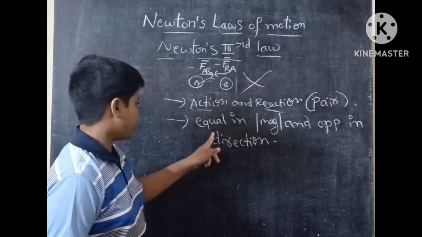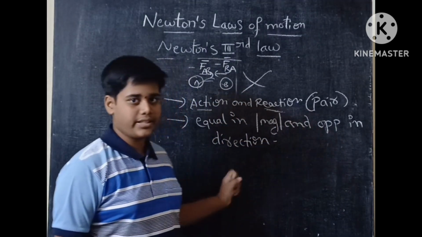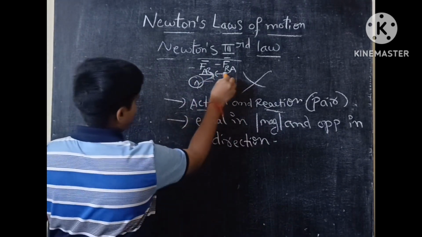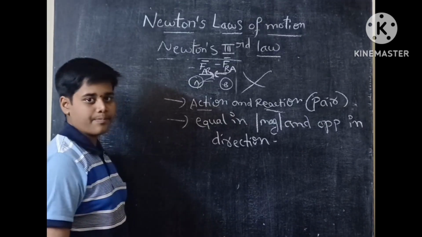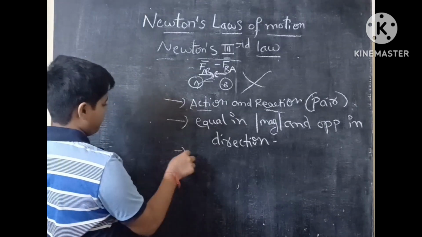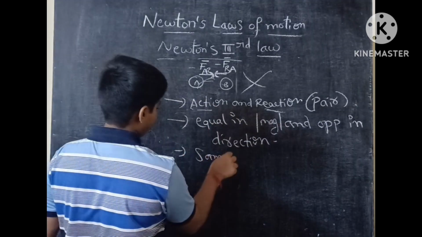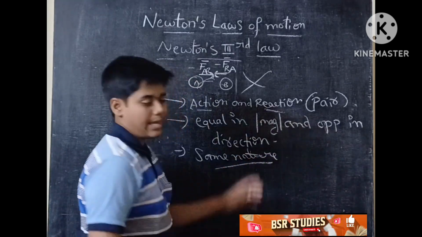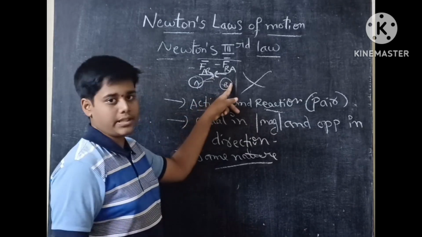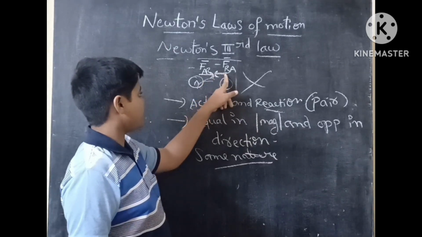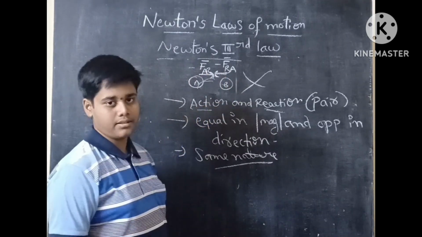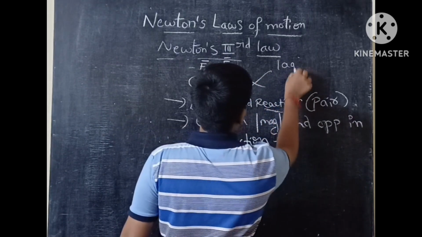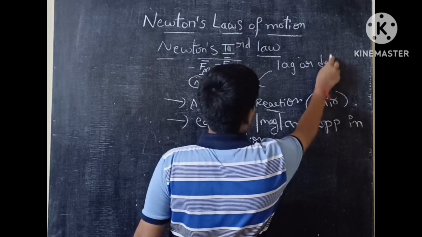This is one direction and this is the other direction. Another point, these have the same nature, and they occur simultaneously. Whether this is first and this is second, or the other way around, there is no lag or delay between them.